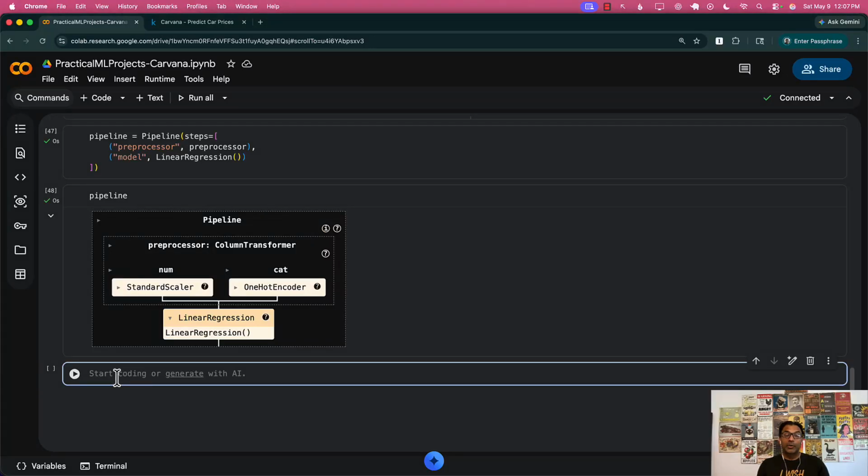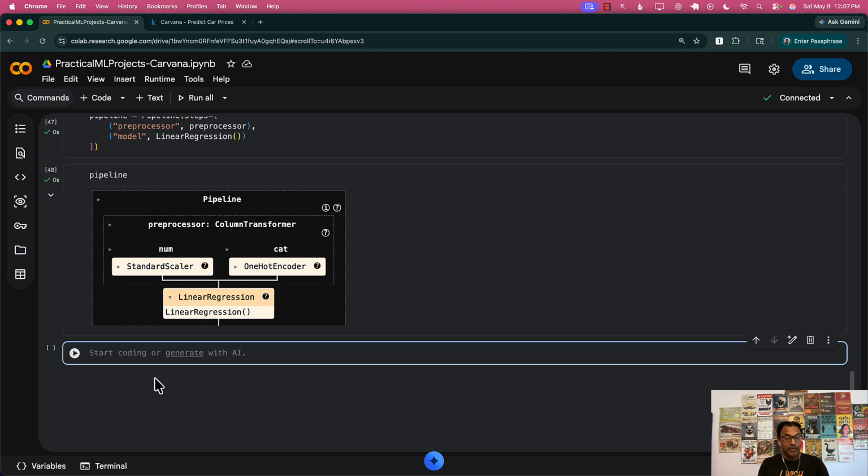So in the last lecture, we created our pipeline, but we still need to train our model, right? And the way that you train your model using the pipeline is you simply refer to the pipeline and call the fit function. That's kind of like when you're training.